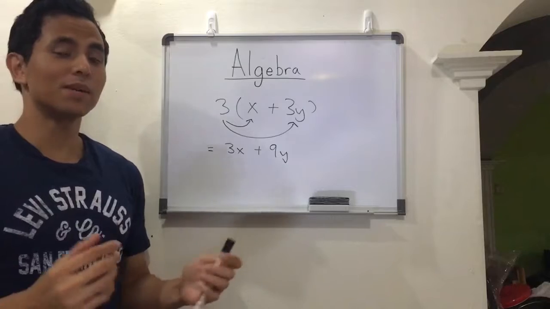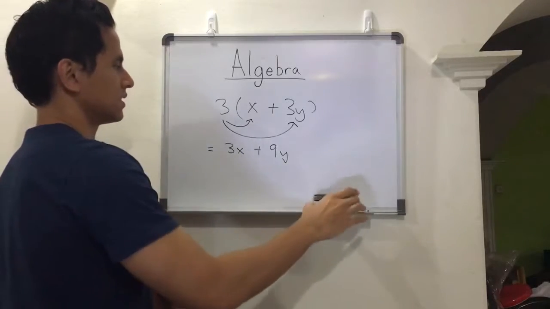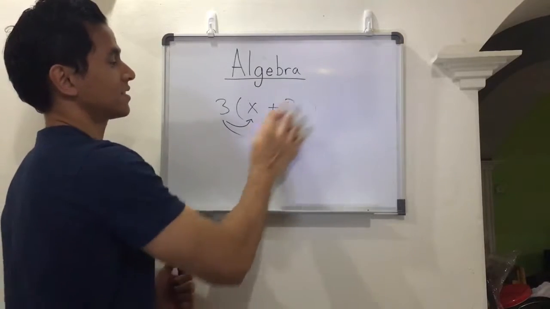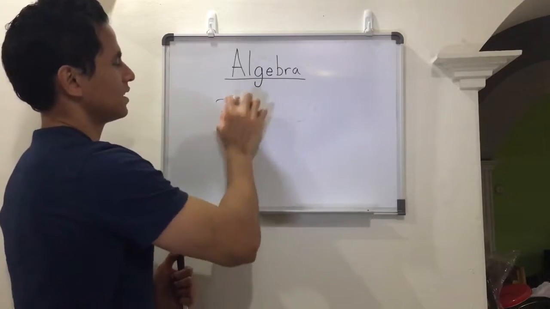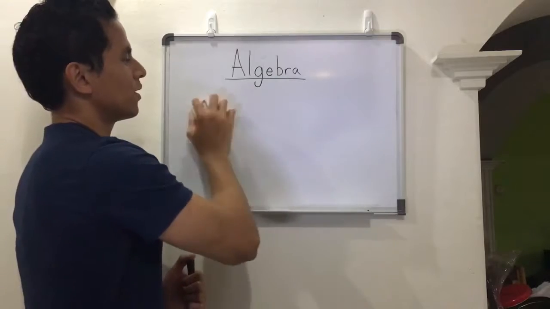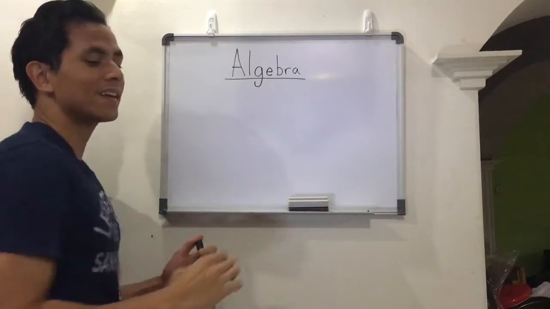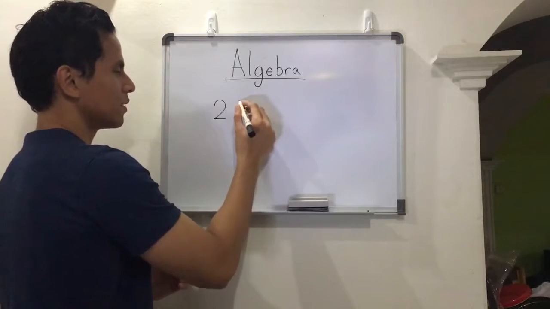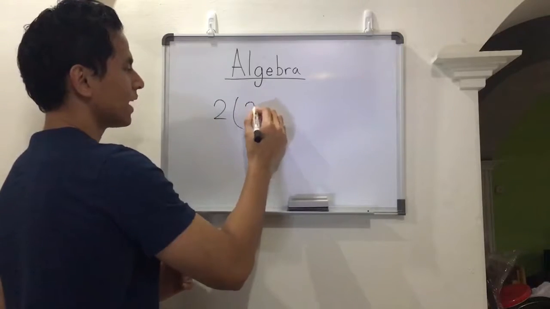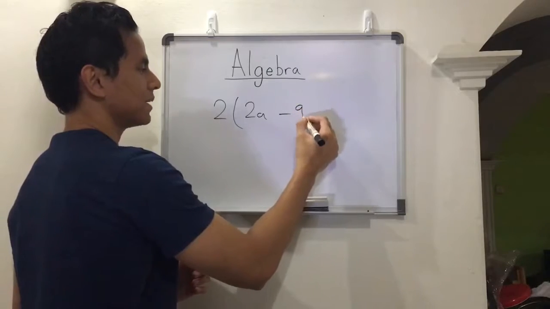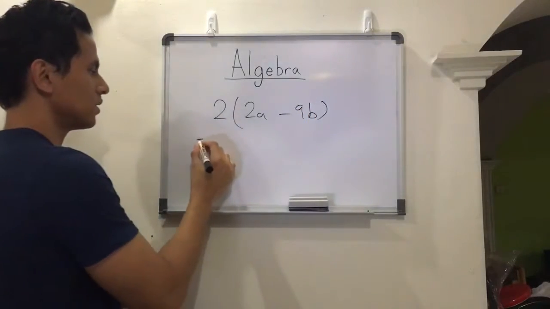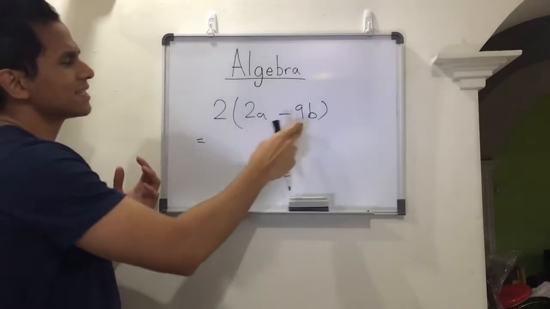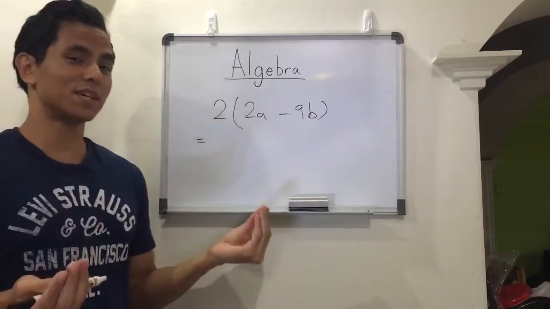Okay, now let me move on to the second example. This is going to be a very similar example to make sure that you really understand the basics. So I'm going to say 2 multiplied by 2a minus 9b. Again, recall, inside the brackets, we can't simplify any further.